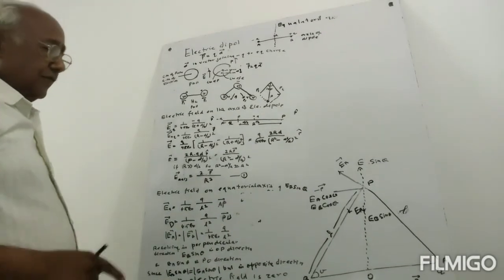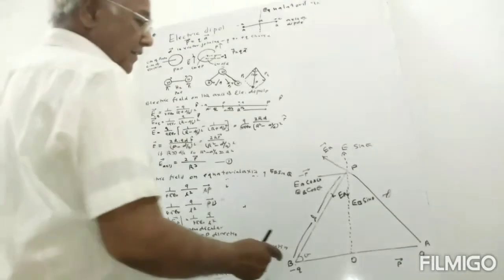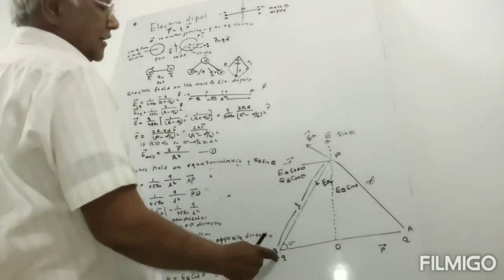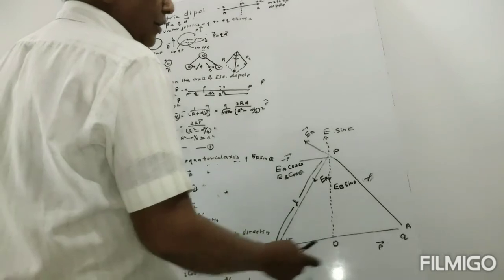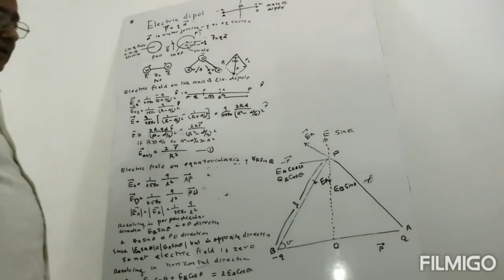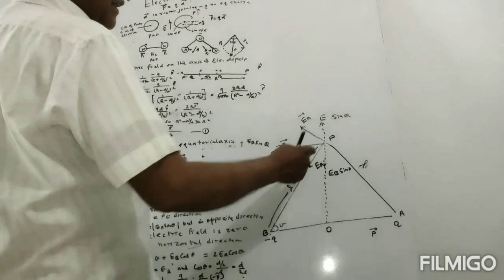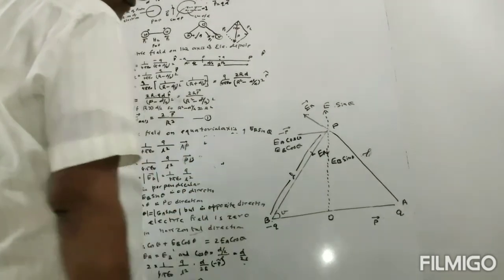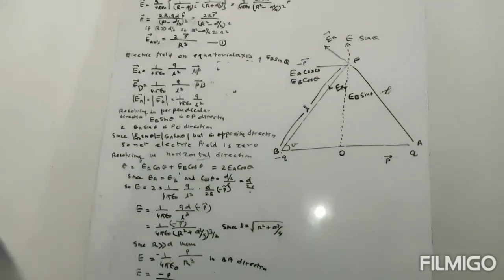The direction of electrical field on the axis is opposite to the direction of electrical field due to the dipole in the equatorial plane. So this completes the dipole.